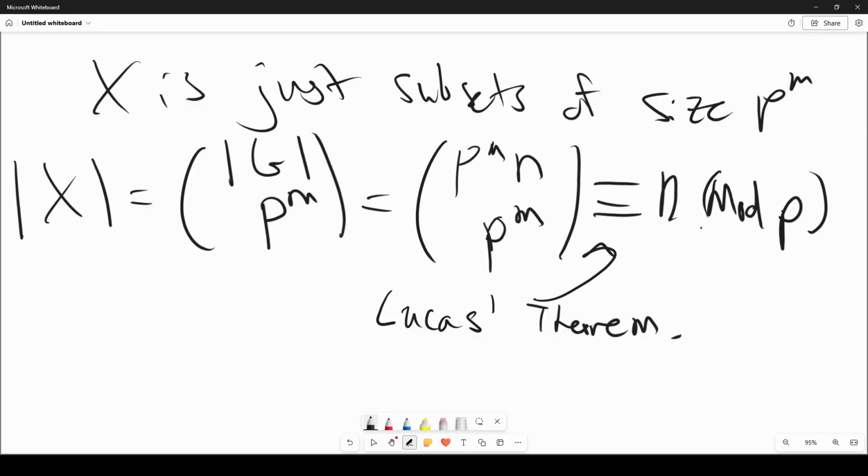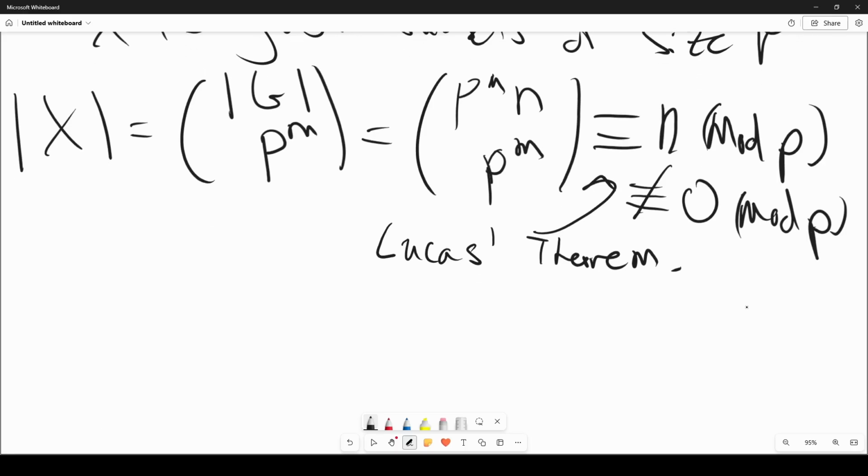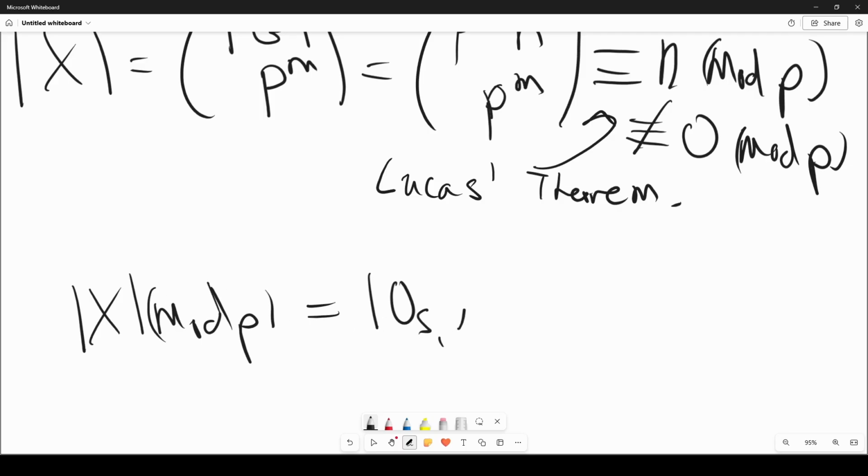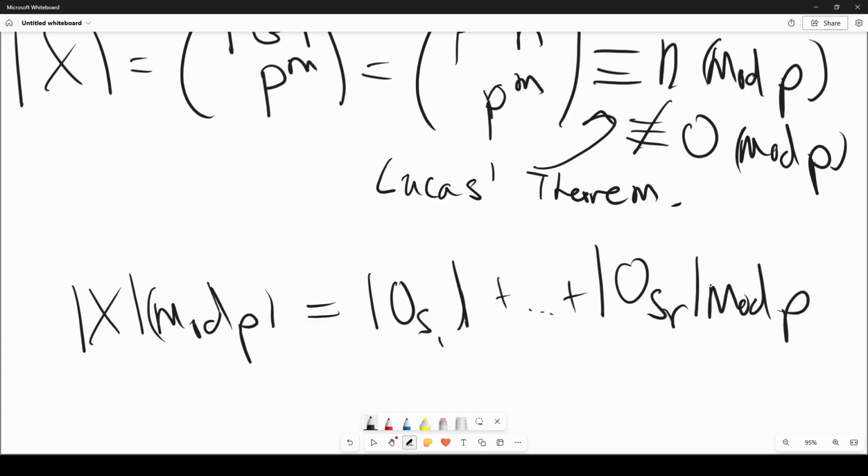In fact, we know that p does not divide n. That's how we chose n, such that p doesn't divide it, which means that this is namely not 0 mod p. So the size is not divisible by p. So I can take both sides of my partition mod p. This is going to equal O of S1 all the way to O of SR mod p. And I know that this is not equal to 0 mod p.